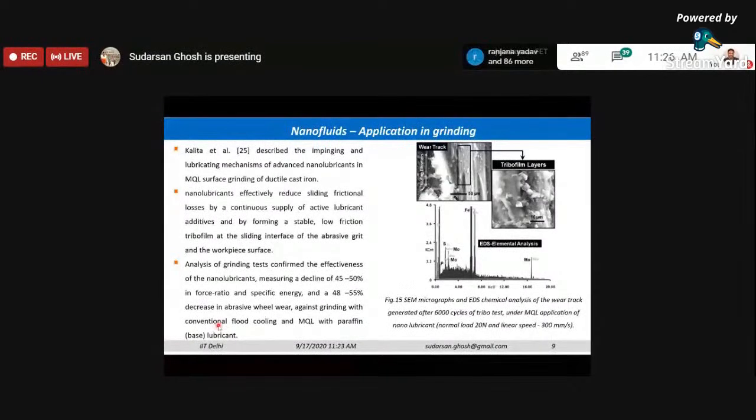It has been observed that by the usage of certain nanolubricants like molybdenum disulfide, there can be a substantial decrement in the force ratio, which in other words means that your friction coefficient can be lower. And not only that, the abrasive wheel wear decreases compared to flood cooling as well as MQL using other standard lubricants like the paraffin lubricant.